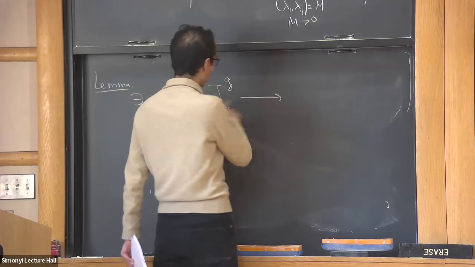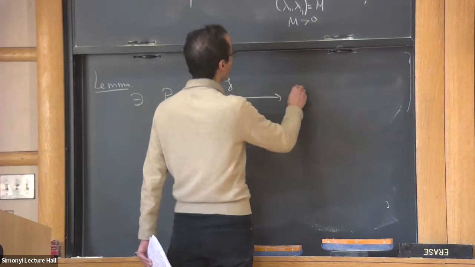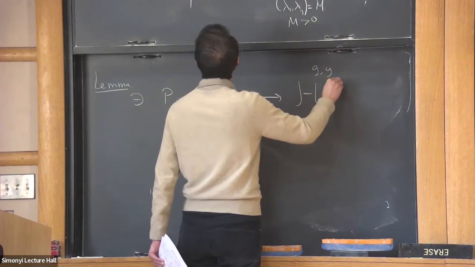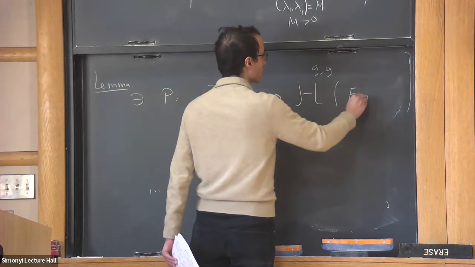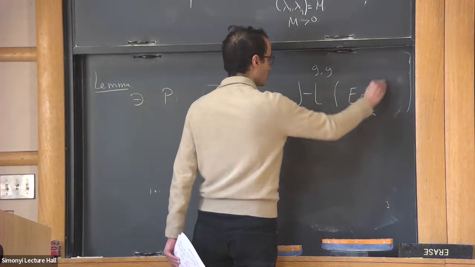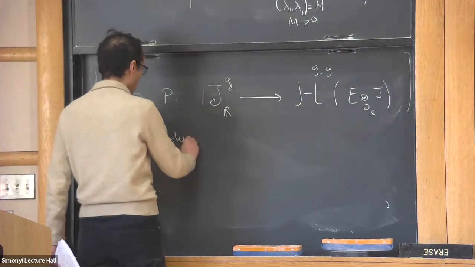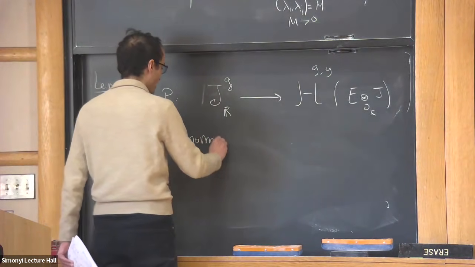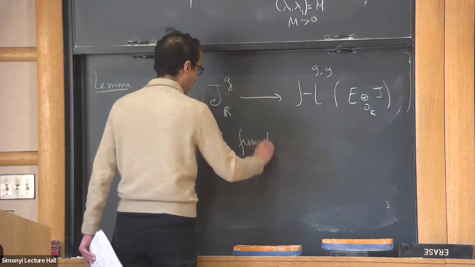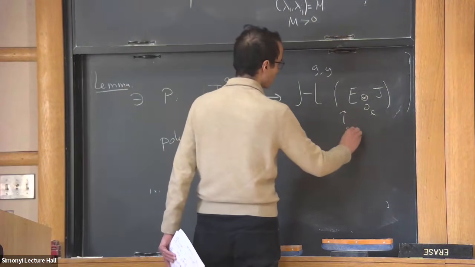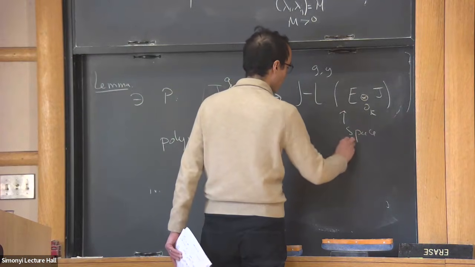So there's a polynomial function to the space of harmonic forms on this E tensor G. This is a finite dimensional vector space, of course, it is a space of harmonic forms.